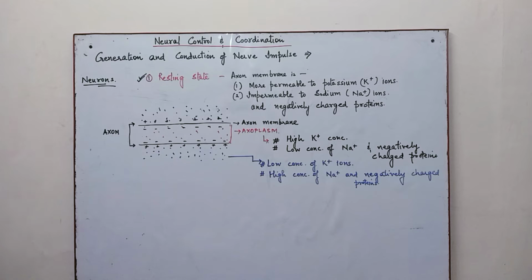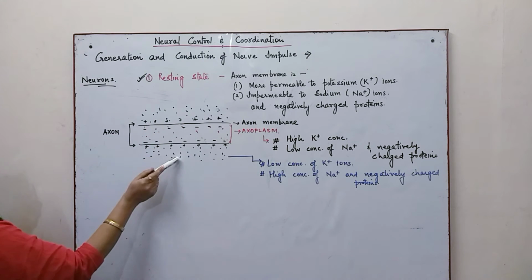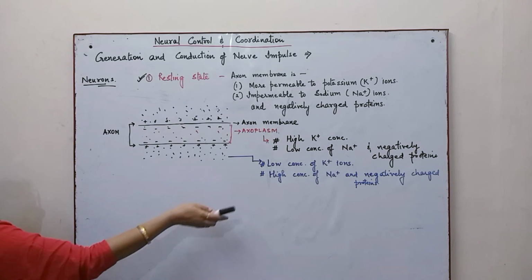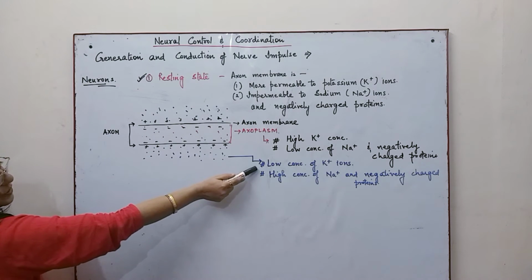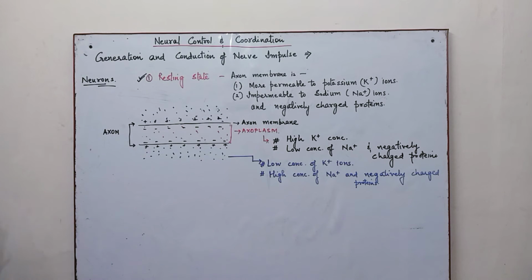On the contrary, the fluid outside the axoplasm, which is marked as blue, has a low concentration of potassium ions and a high concentration of sodium ions. So this creates a concentration gradient.